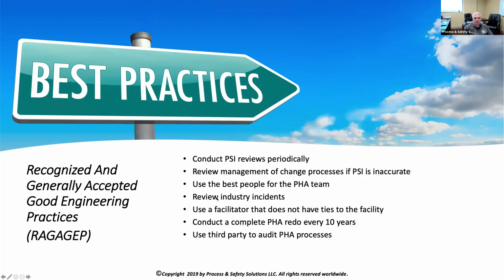The last best practice: use a third party to audit the PHA processes. And we're not just talking about auditing your PSM, but auditing your PHA processes to make sure that your processes are as robust as they need to be, making sure that the right people have been involved, that the risk mitigation is really occurring, and that you're really addressing all of the risk and hazards in the process.